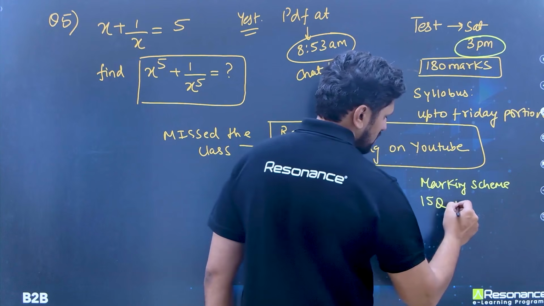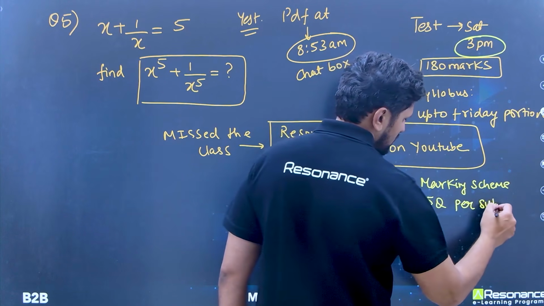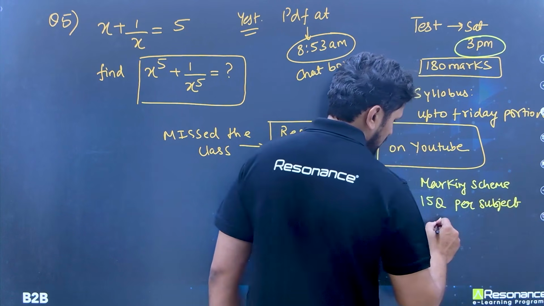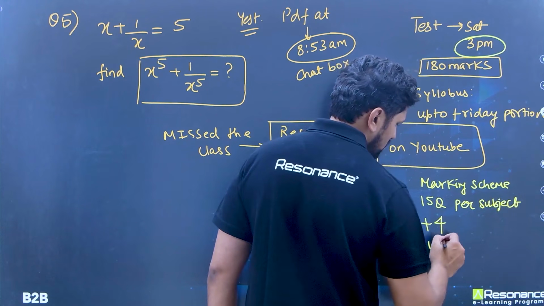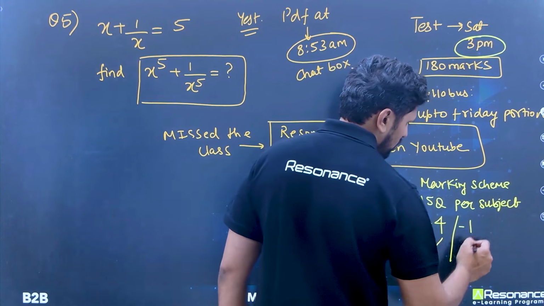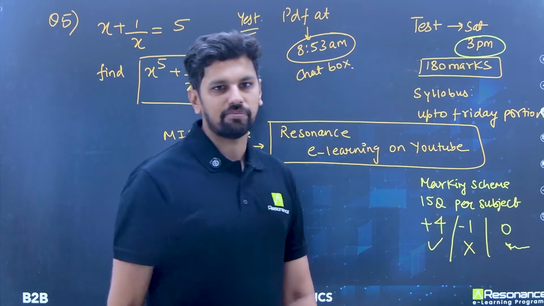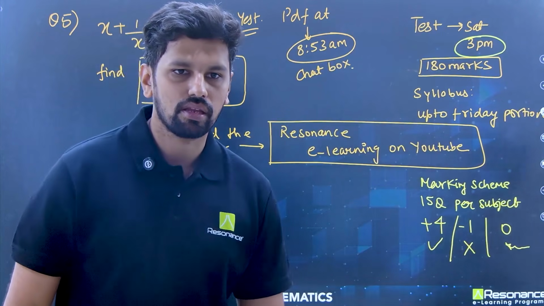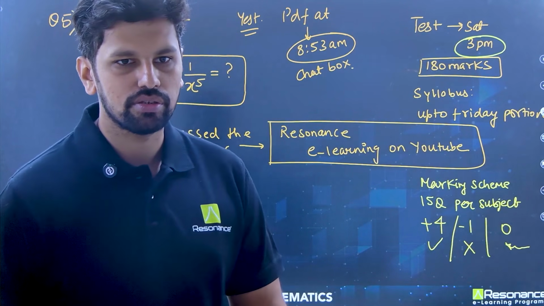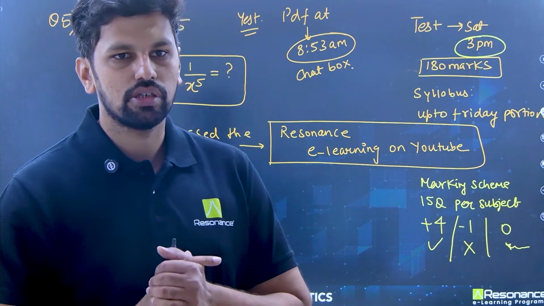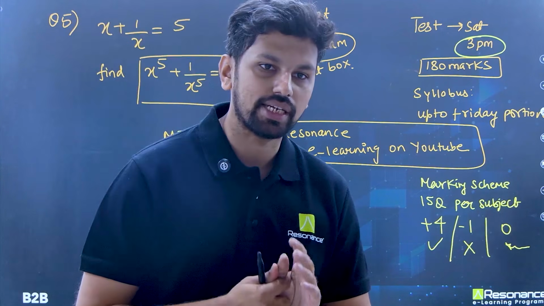15 questions per subject, plus 4 for correct, minus 1 for wrong, 0 for not attempting. Understood? You will get the link in Saturday's class only.